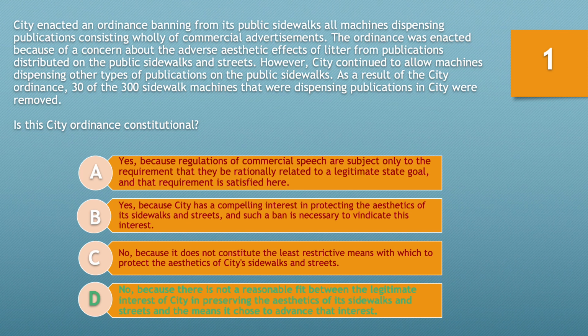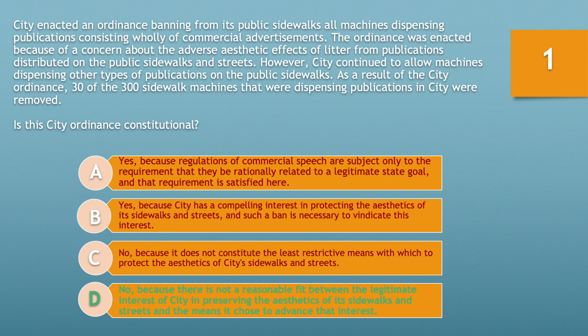In this fact pattern, the city is attempting to regulate truthful commercial speech by banning from public sidewalks all machines dispensing publications consisting wholly of commercial advertisements. The reason for this ordinance was a concern about the adverse aesthetic effects from litter and publications being distributed on the sidewalks and streets.